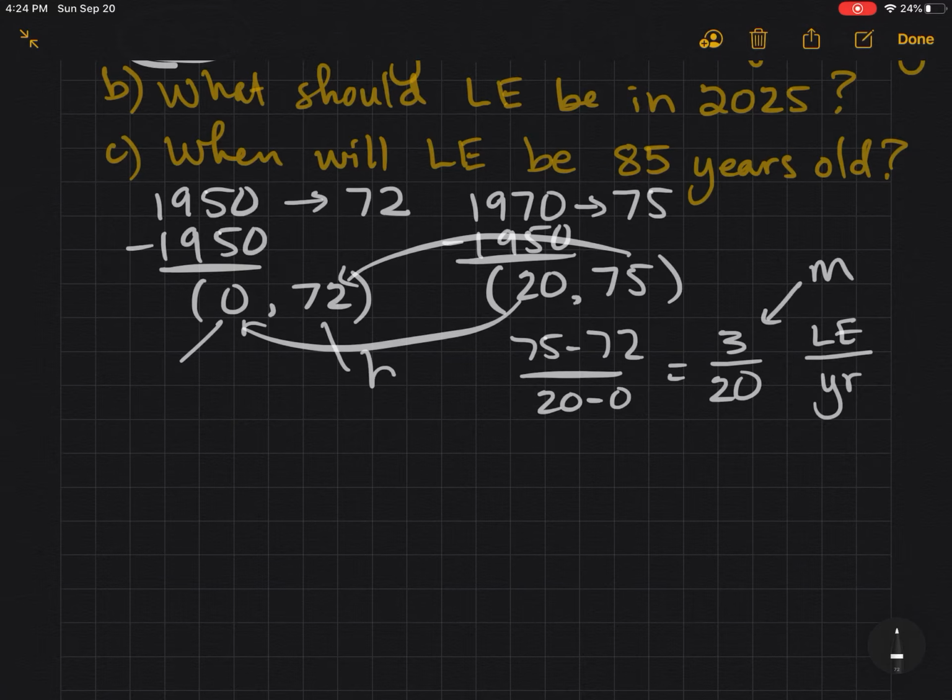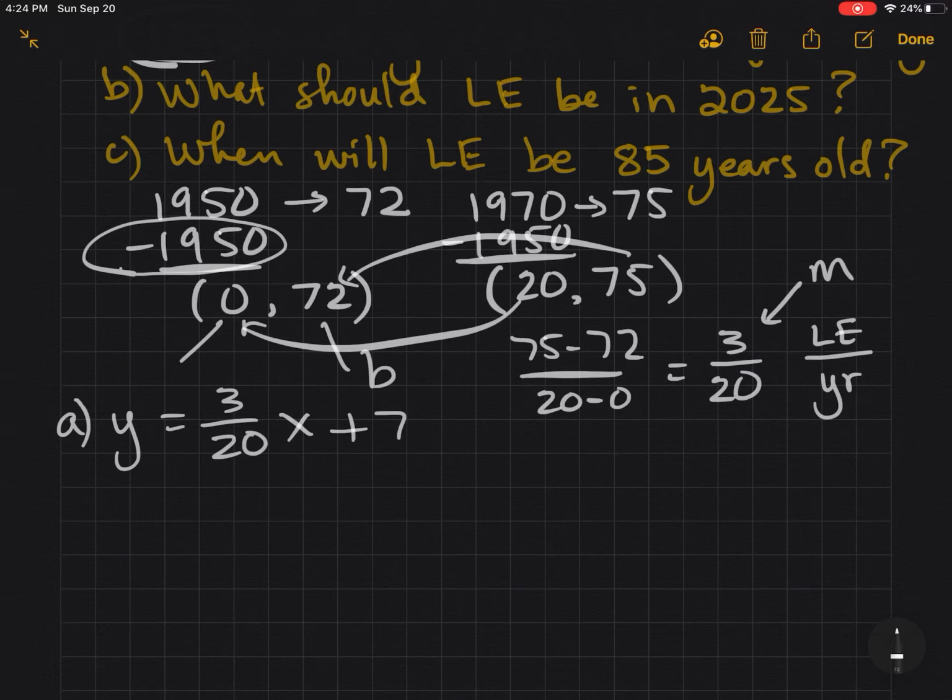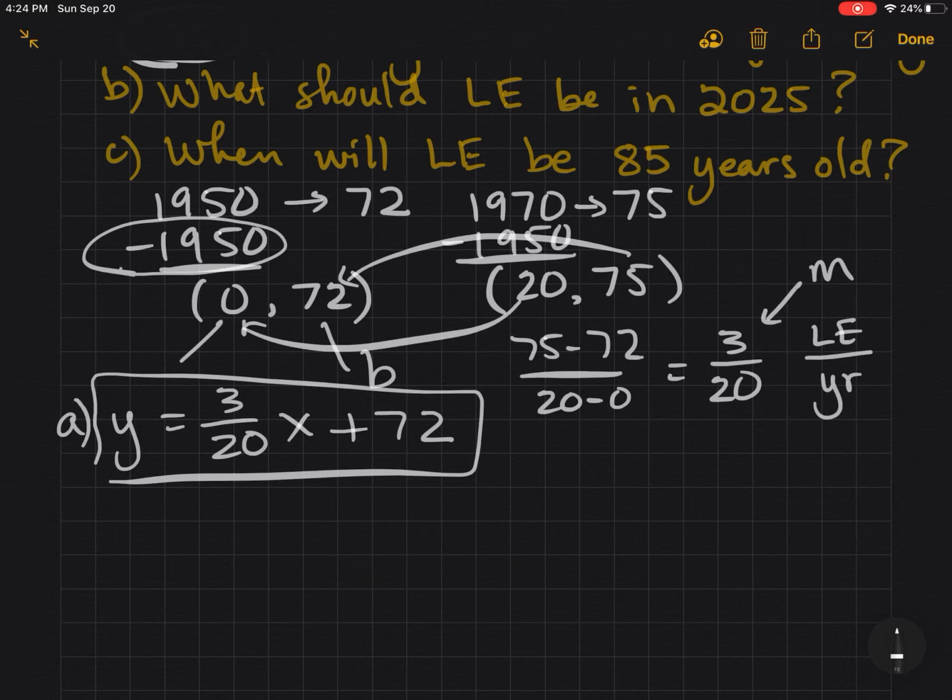X is 0, so this is indeed a y-intercept. And that's the reason why we use that number of years since 1950. Makes the model nice and easy. So y equals mx plus b. And that's our part A, that's our model. And now we're going to use our model to answer parts B and C.